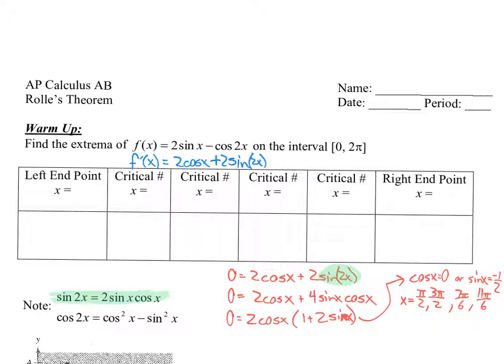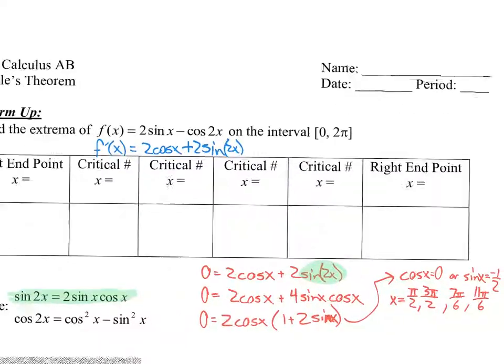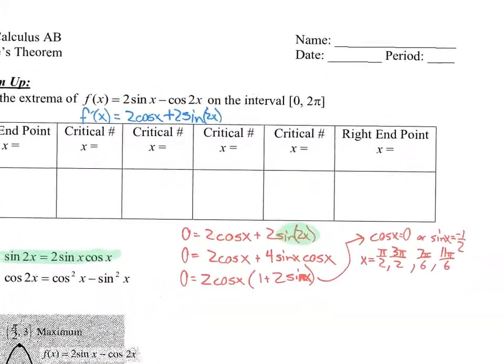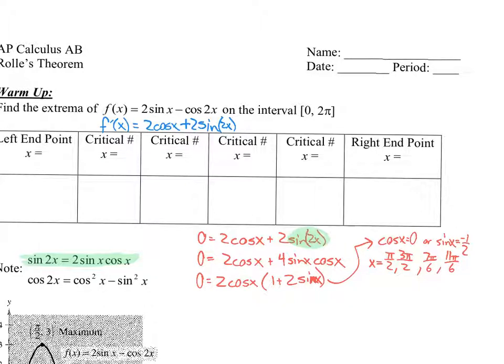Yeah, a couple steps above, where we had 2 cosine x and 4 sine x cosine x, I just set one side equal to the other and then divided by cosine. That's like if you had the equation x squared minus x and you took the x to the other side and divided by an x. You're losing answers, and technically you're dividing by 0, because 0 is a root.